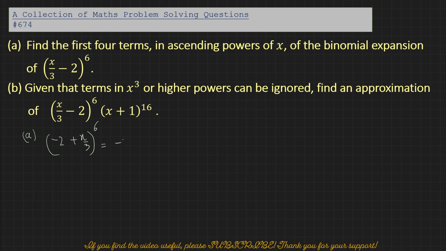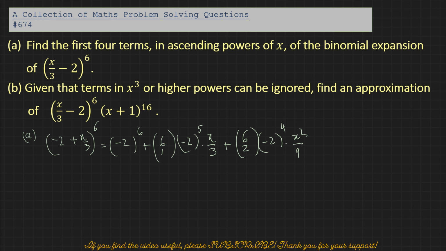So that would be (−2)^6 plus 6C1 (−2)^5 times x/3, plus 6C2 (−2)^4 x²/9, and then plus 6C3 (−2)³ x³/27, and so on.